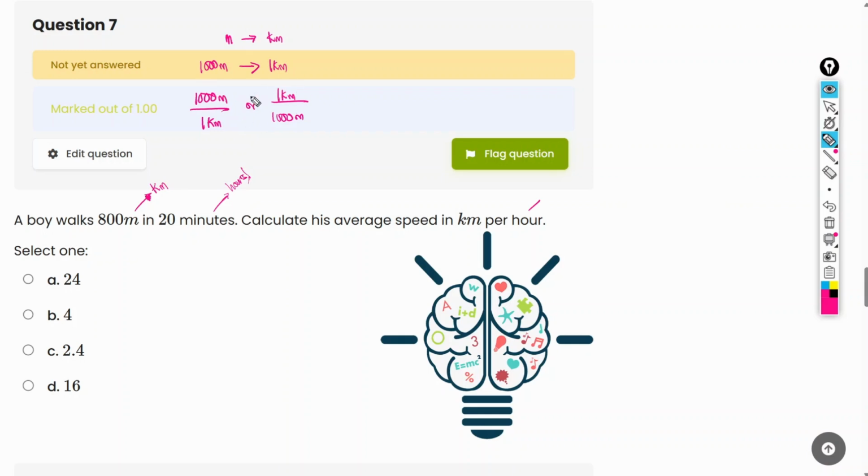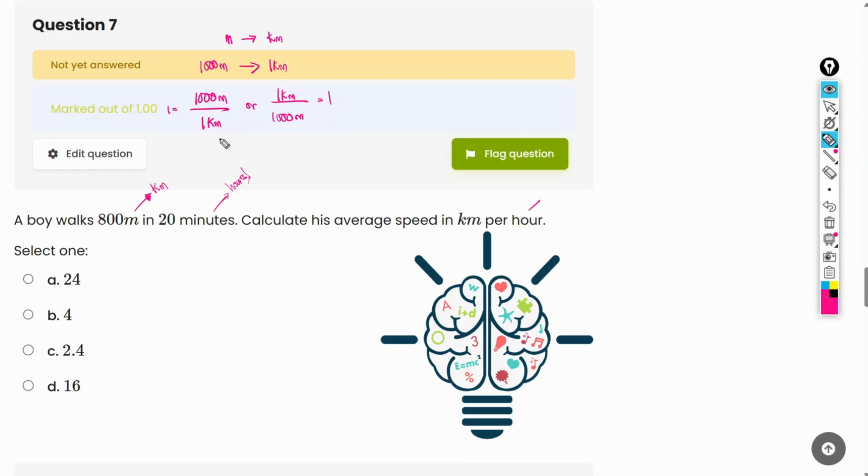Just like 5 over 5 is 1, 10 over 10 is 1. 1,000 meters divided by 1 kilometer or 1 kilometer divided by 1,000 meters will give you 1, because they are the same thing, numerator and denominator.